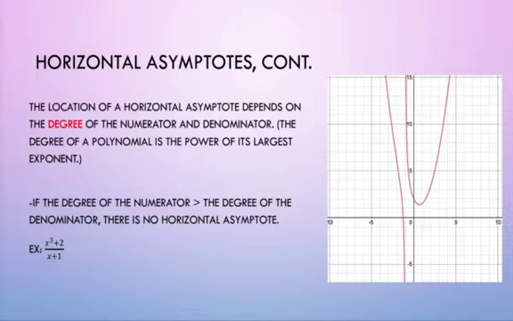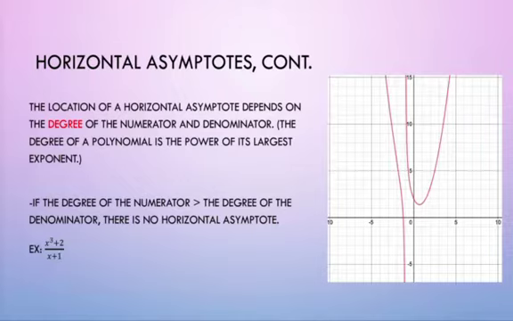The location of a horizontal asymptote depends on the degree of the numerator and the denominator. We talked about degrees last week. The degree of a polynomial is the power of its largest exponent. If the degree of the numerator is greater than the degree of the denominator, there is no horizontal asymptote.